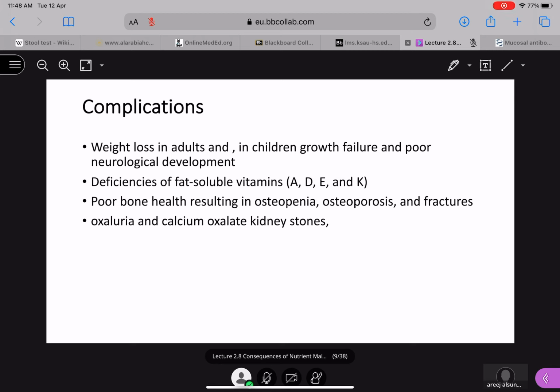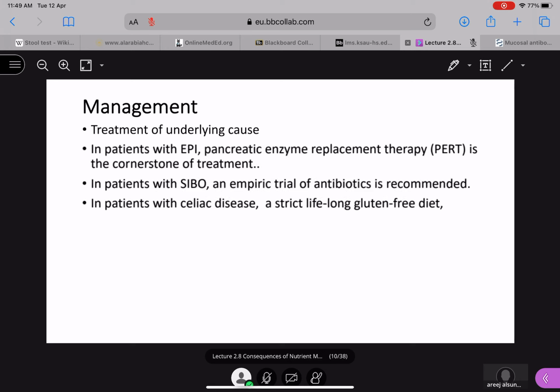This free oxalate will be reabsorbed and reach the kidney, where again it will be attached to calcium, and it will form oxalate stones in the kidney. So patients with fat malabsorption have a high tendency to develop oxalate renal stones.